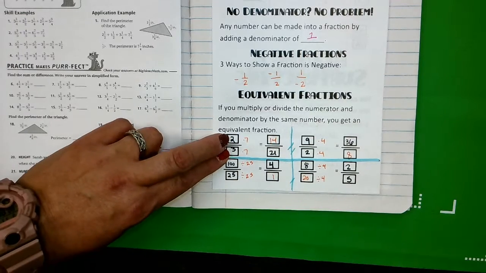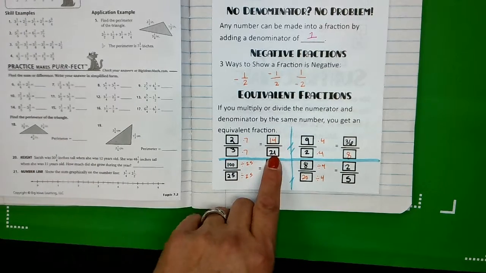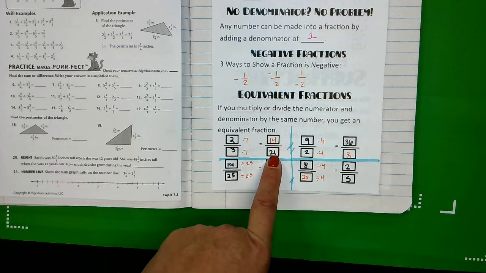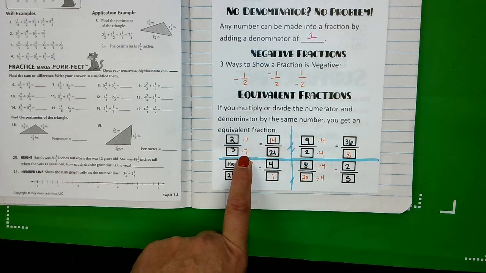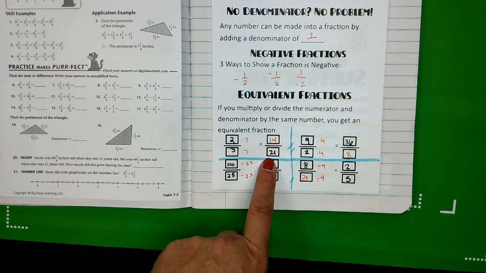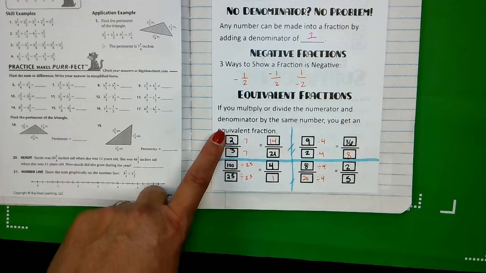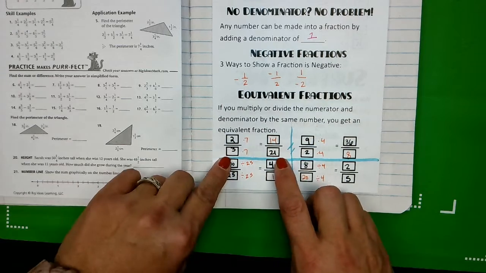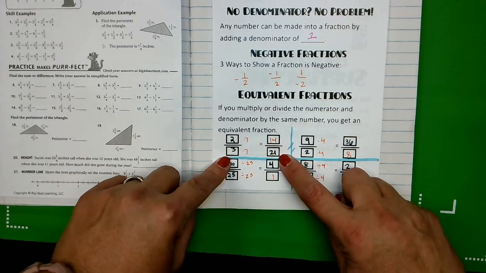I started with 2/3 here, and I had decided that I wanted my denominator to be 21 for whatever reason. It might be useful. So I knew that I had to multiply 3 times 7 to get 21. And what I do to the bottom, I have to do to the top. So 2 times 7 gives us 14. 2/3 is equivalent to 14 over 21.